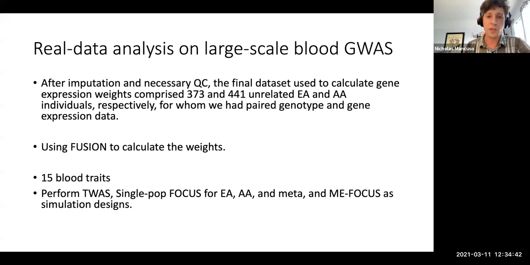We used the pipeline FUSION to calculate weights. That's Sasha Gusev's TWAS pipeline. We focused on 15 blood traits, and then we performed a TWAS in each population. We performed single population focus for each population, in addition to the meta-analysis. And then we performed ME focus similarly as we did in our simulation designs.